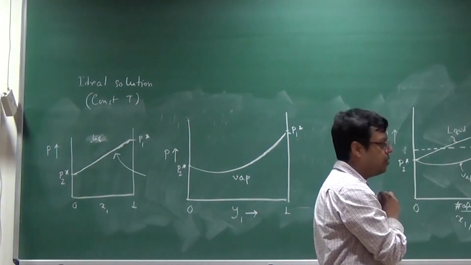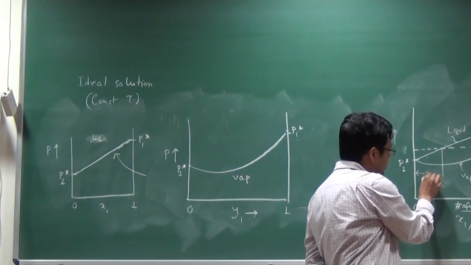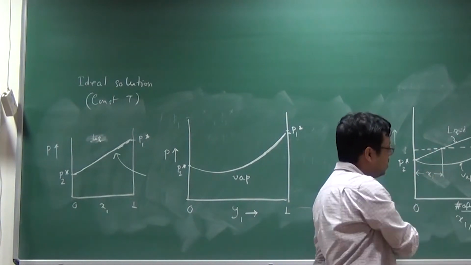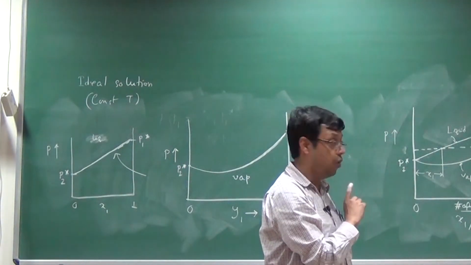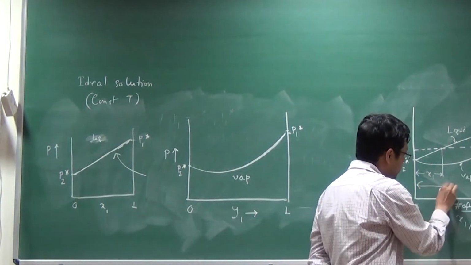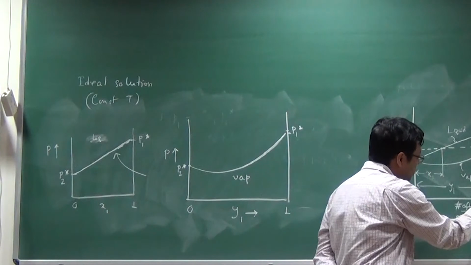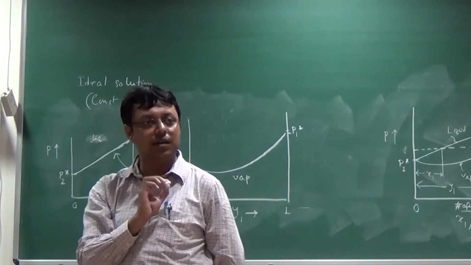Now if I have a total pressure like this, I could describe the system from the liquid's perspective, that this was the corresponding mole fraction, or from the vapor's perspective, that this was corresponding to the partial pressure. Now this is an interesting situation.